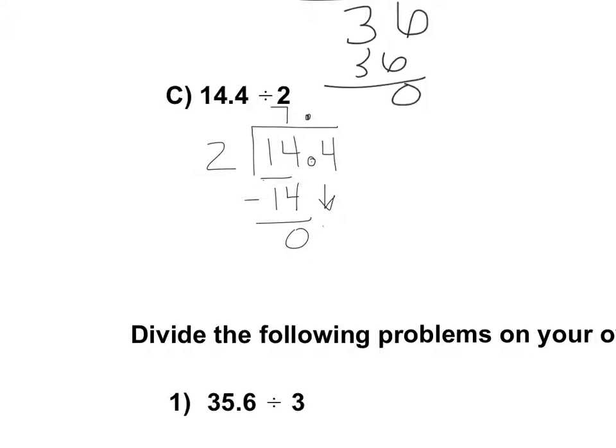Bring down your 4. You know that 2 times something equals 4. Oh, 2 times 2 equals 4. So, there's our 2. We can subtract that again. We have 0. And there is your answer. 7.2 is your quotient when you divide 14.4 by 2. Make sure you copy this down so you have examples to look back in your video notes.